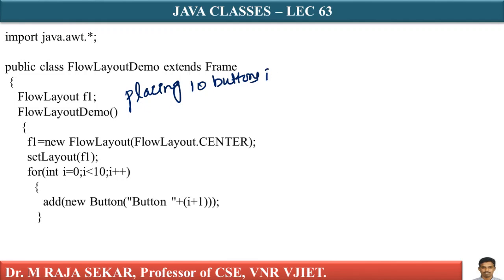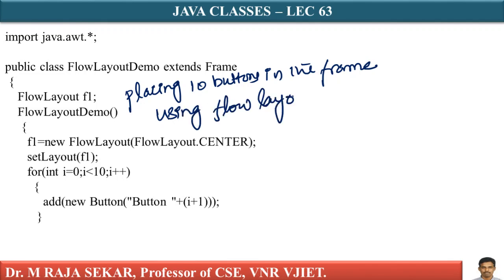Where will you place? In the frame using which layout? In the frame using Flow Layout Manager. That we will try to understand. We will see how it works, isn't it?